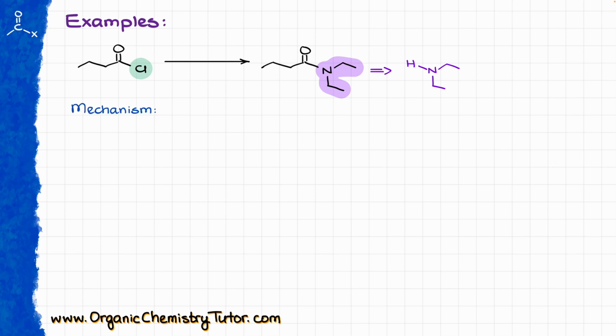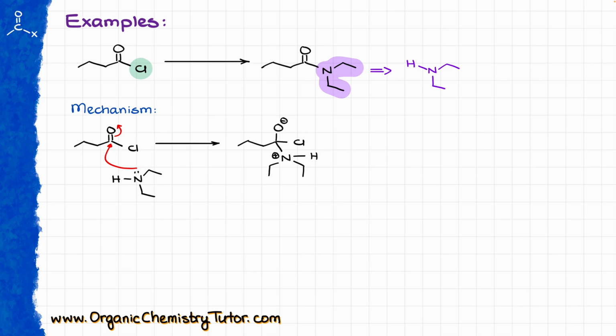Now, mechanistically speaking, as always, we are going to start by taking our acid chloride here and reacting it with my nucleophile, this nitrogen-containing compound, right away. So we are going to have our amine coming in attacking our carbonyl, giving us our tetrahedral intermediate, and here is something very important.